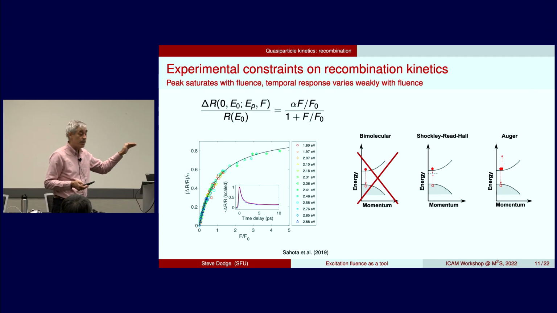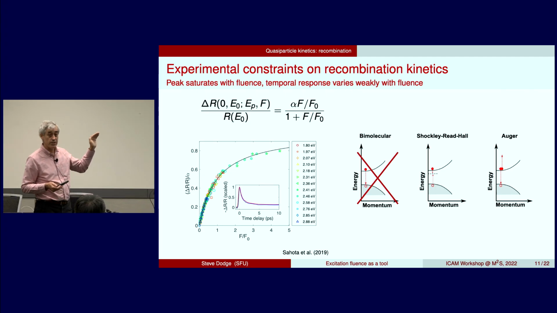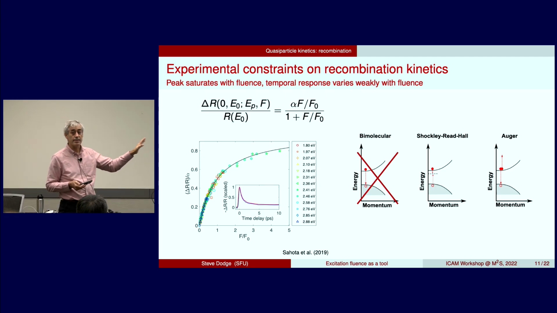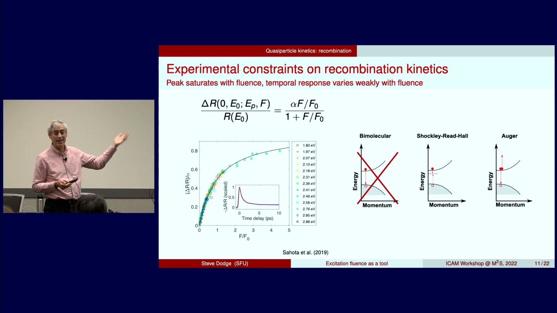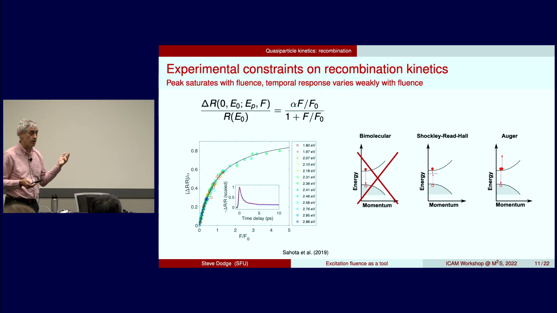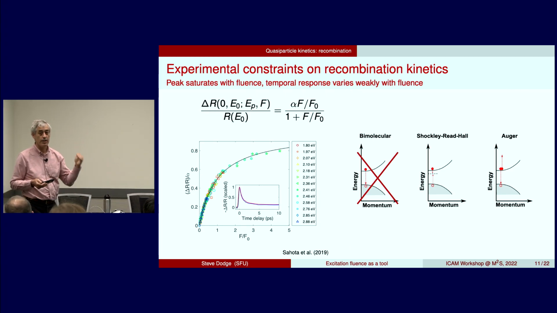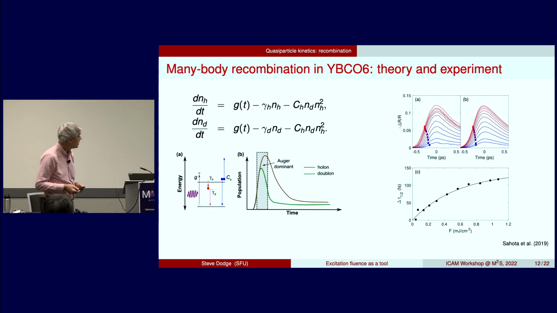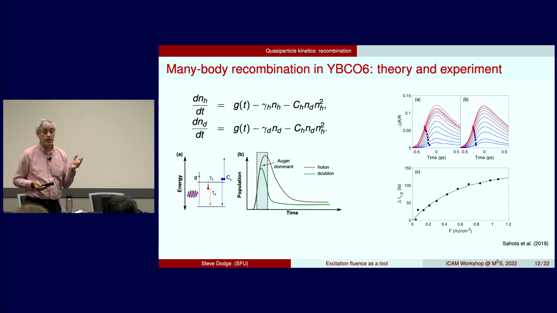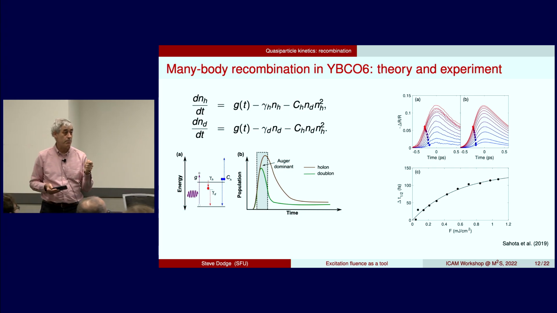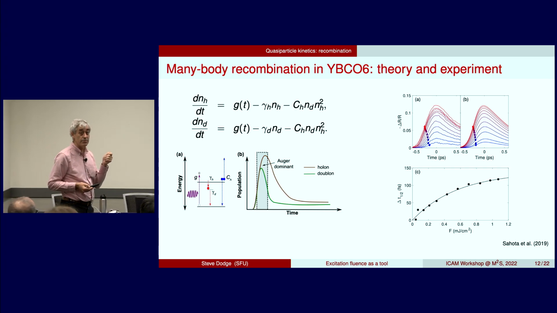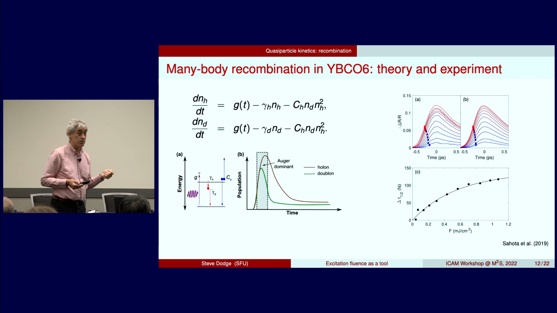We've excluded the naive bimolecular recombination, but I should say that what I'm going to show you next is that any kind of many-body recombination can occur, so long as it occurs in parallel with a trapping process that's very fast for one of the carriers. The only way this works is if the trapping time for one of the carriers is shorter than your pulse width.